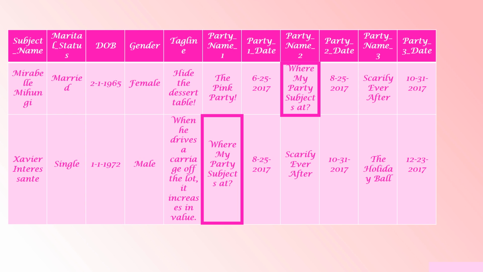So if Cinderella wants to see subject information about subjects that attended Where My Party Subjects At, she would have to look through every single column to see if it contained that party name. And this would be some pretty complex SQL. So it doesn't look like having a new column for each party attended by the subject is an ideal way to design this table.